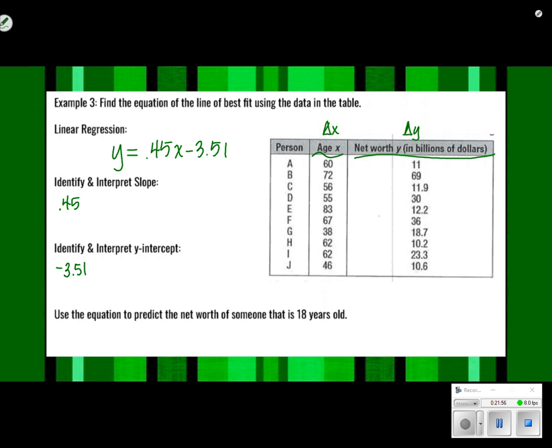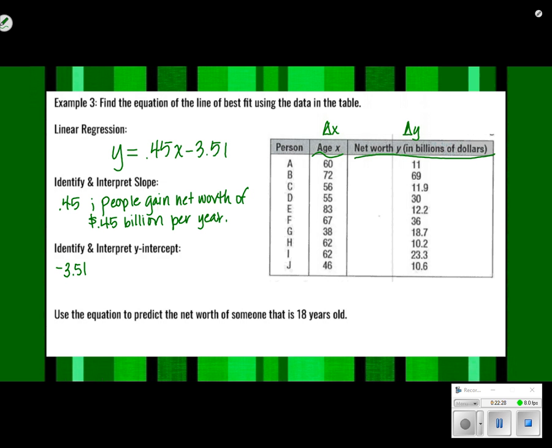So we're looking at accumulating, this would be people gain net worth of $0.45 billion per year.